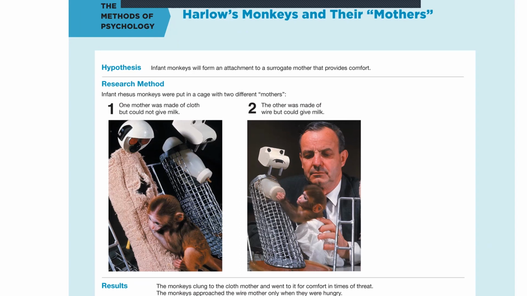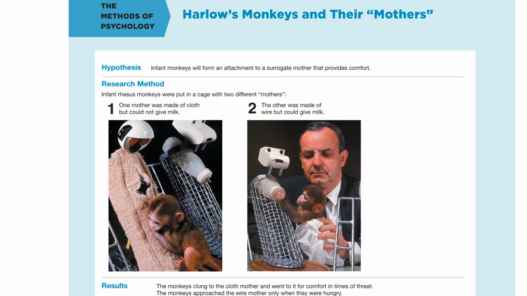Okay, so you can see them in the picture on the left here. They had one mother made of cloth. I think it was called terry cloth. It's very soft. The other mother was just made of wire, but only the one made of wire would provide food to this infant, and obviously it needed to eat to live.